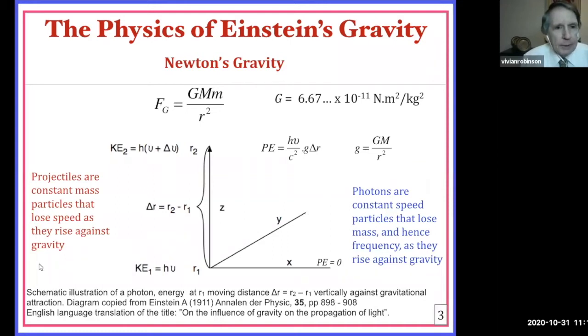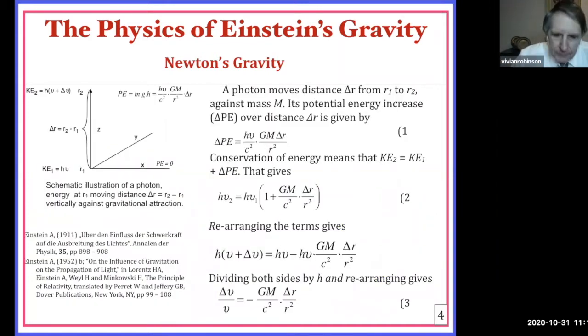It should be noted that projectiles are constant mass particles that lose speed as they rise against gravity, whereas photons are constant speed particles that lose mass and hence frequency as they rise against gravity. This diagram shows what happens when photons of kinetic energy E equals h nu move distance delta r against the gravitational field.